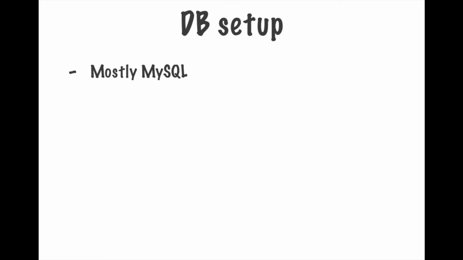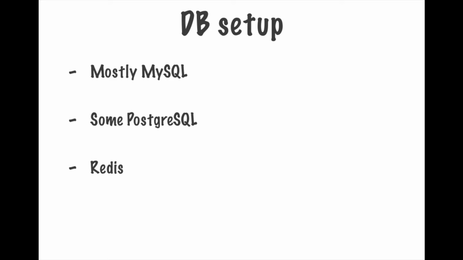We are using mostly MySQL, and before preparing for Black Week we had more or less 4 MySQL instances in production, and 1 Postgres, and we were also using Redis for caching.